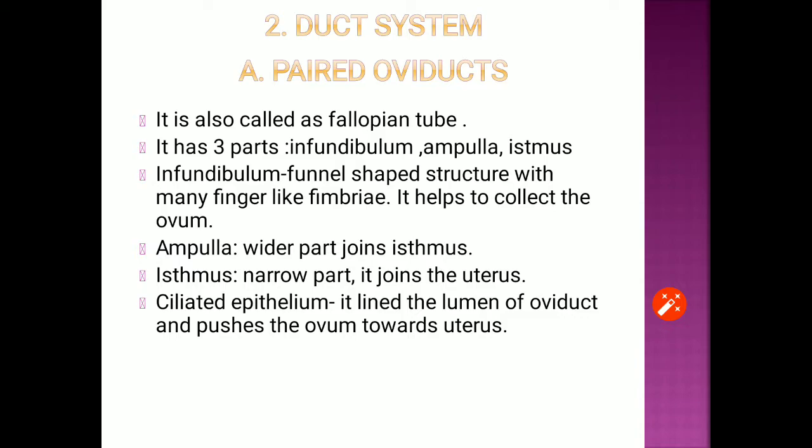It helps to collect the ovum. Ampulla is the wider part that joins isthmus, and isthmus is the narrow part which joins the uterus. Ciliated epithelium lines the lumen of oviduct and helps in pushing the ovum towards uterus.